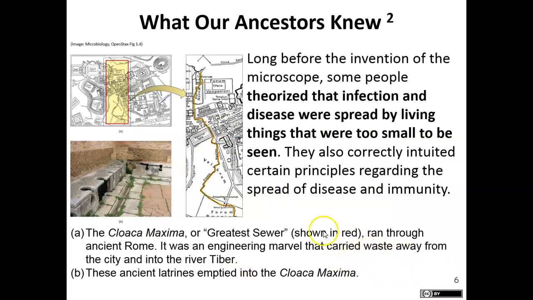So though a lot of people thought that diseases were caused by gods being angry, there were many who theorized that infection and disease were caused by living things that were just not able to be seen.